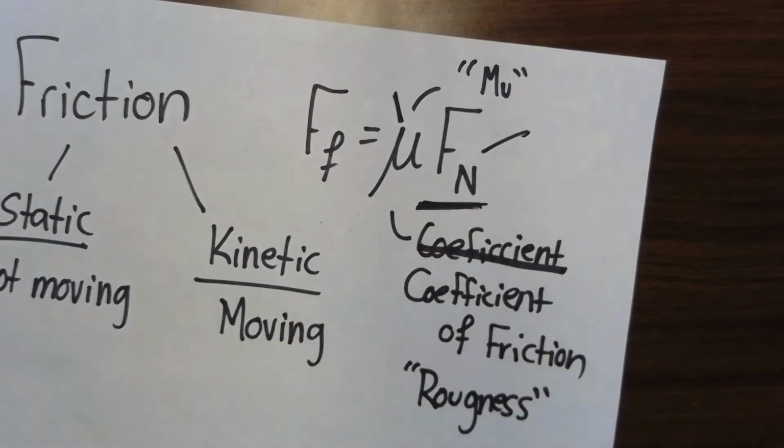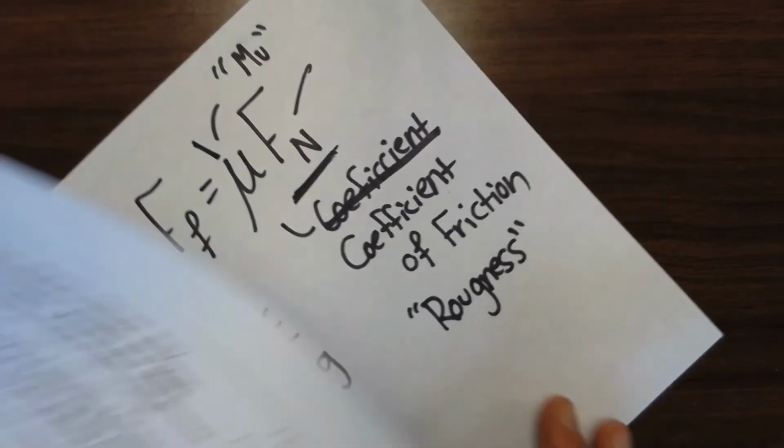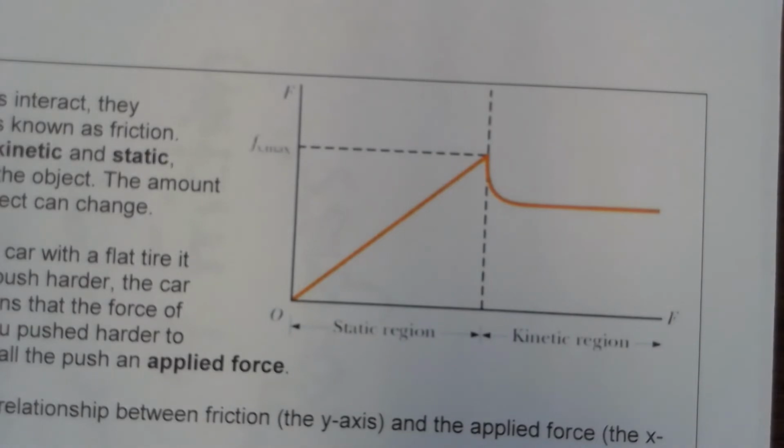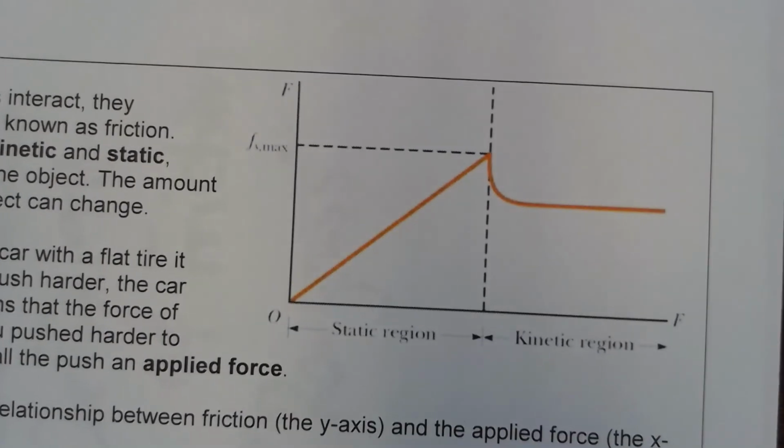Now the last piece to this whole thing is what's known as the friction graph. The friction graph can be one of the most confusing parts of friction, but I think that if you look closely at it, it actually is pretty intuitive.